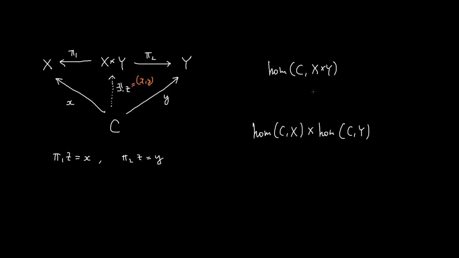And I'm going to have a map running this way. What will this map be? It's a map that assigns to every z the ordered pair (pi1 z, pi2 z). So this is a very specific map that was created out of the projection maps pi1 and pi2.